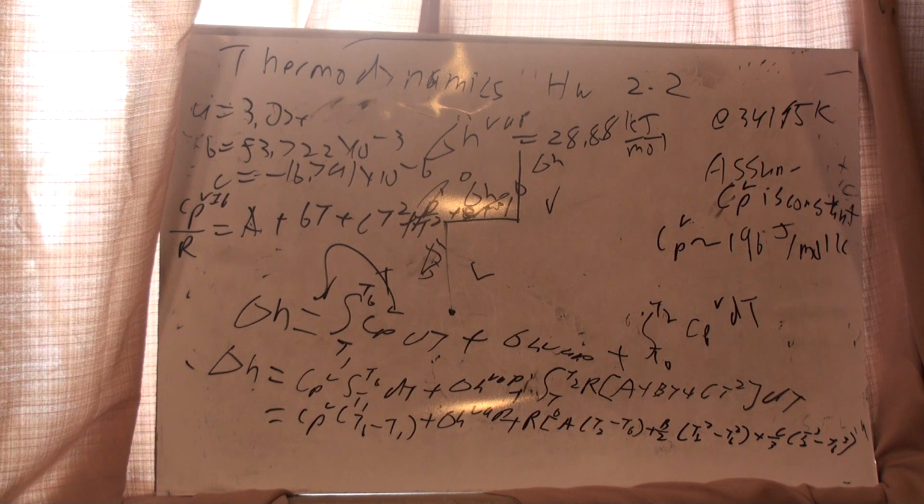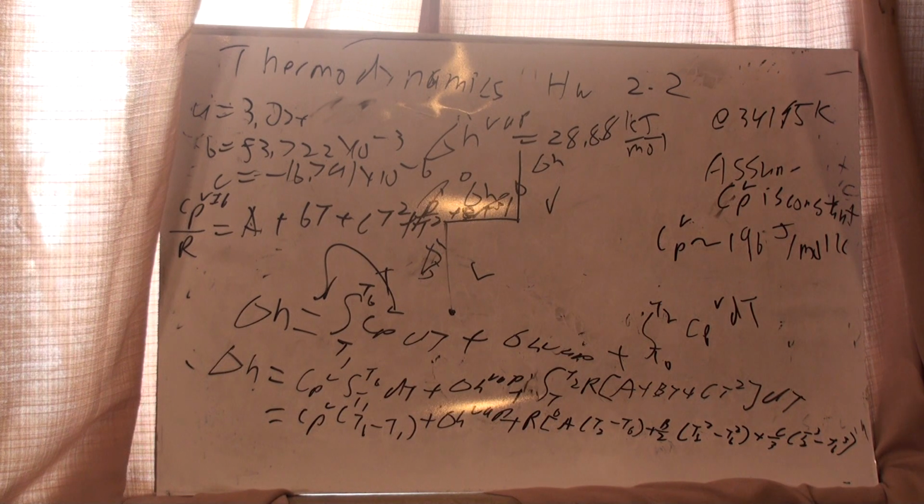It's not even a third of the heat of vaporization for 40 K worth of temperature change. The other part is going to be 60, and this is probably going to be less because it's a gas, because the heat capacity of a gas is a whole lot smaller than that of a liquid.